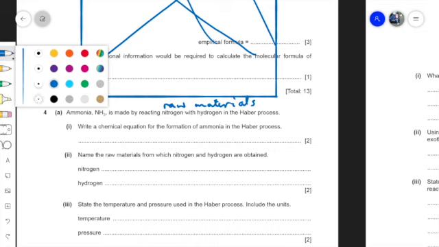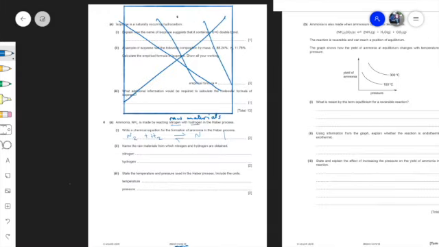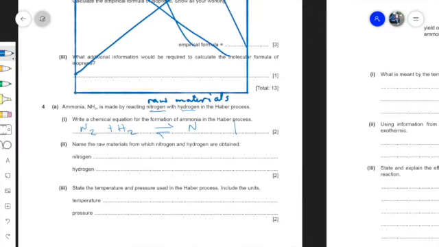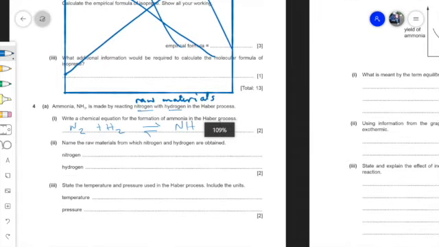What you need to remember is that you write a chemical equation for this reaction. Already you know that you've started with nitrogen and hydrogen, so nitrogen plus hydrogen is going to give you ammonia.